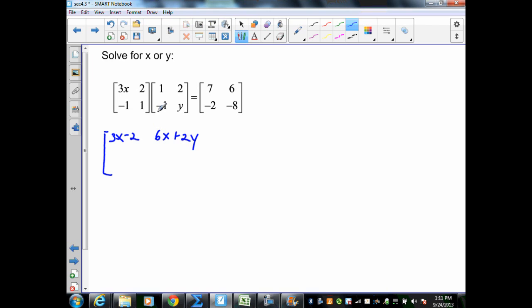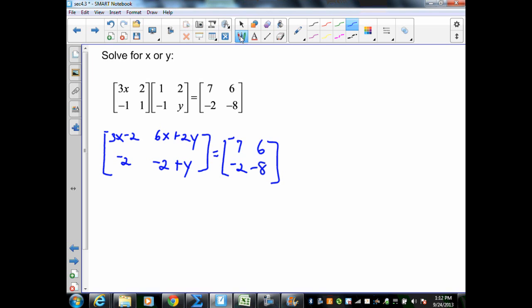Second row, first column, negative 1 plus a negative 1 is a negative 2. Second row, second column, negative 2 plus y. And set that equal to its corresponding matrix, 7, 6, negative 2, and negative 8.